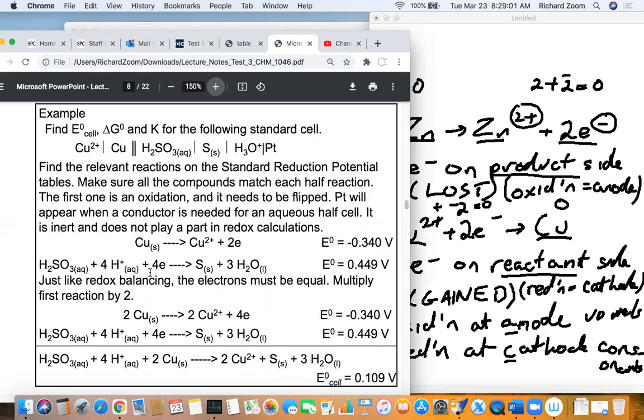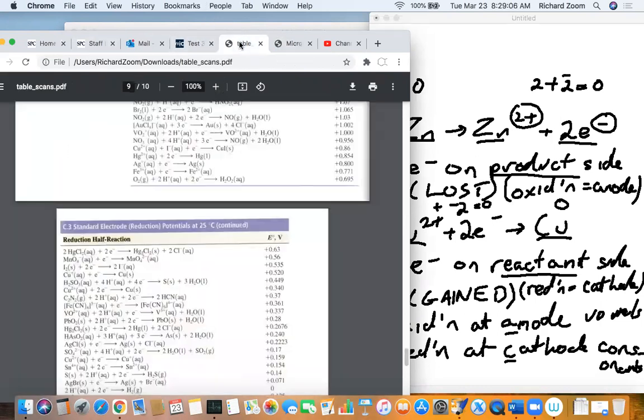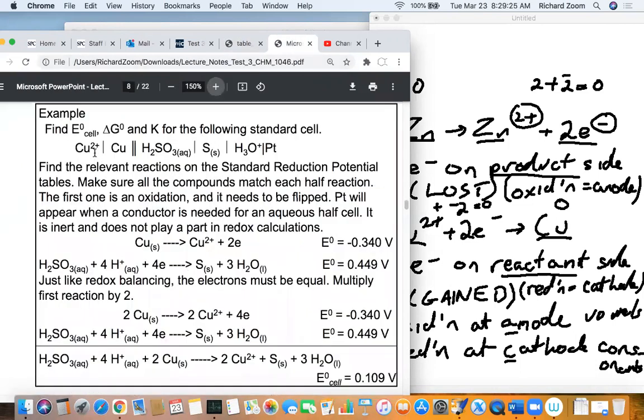So what we do is we hunt down the copper reaction, which we did earlier, and that's this one here, the one that involves copper 2 plus and copper. There is only one reaction that involves copper 2 plus and copper, and that's this one. There is another one here that involves copper 1 plus and copper, but clearly that's not what we're looking for. We're looking for the one that involves copper 2 plus and copper.